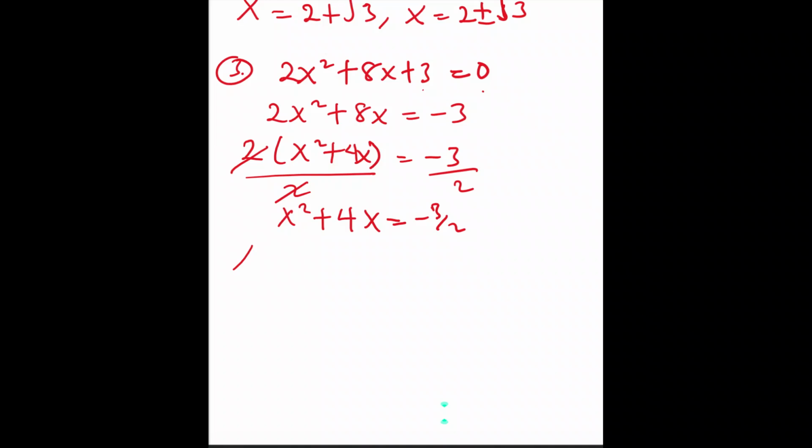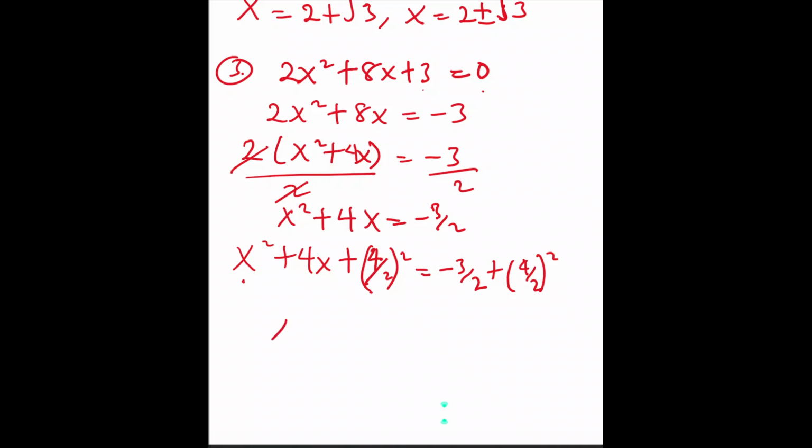Okay, so we break it down. x squared plus 4x. The half of 4 is 2, right? Plus, let me put (4 over 2) squared, is equal to minus 3 over 2 plus (4 over 2) all squared. So we take these two together.